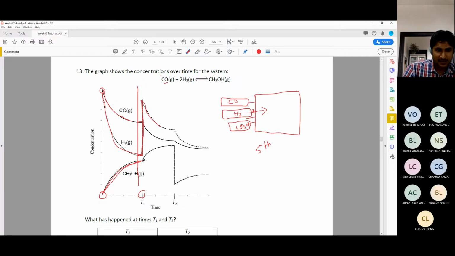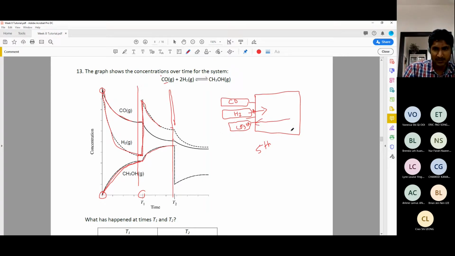After that, you see the methanol started to increase, and then again, around T2, they were achieving equilibrium. So what happened? They removed some of the methanol from the system.